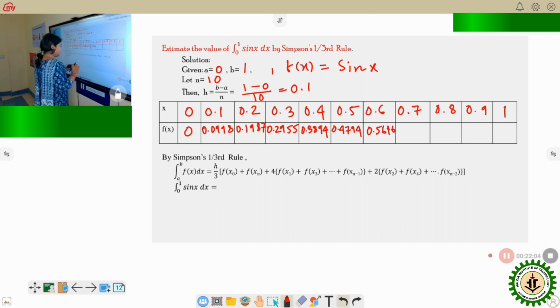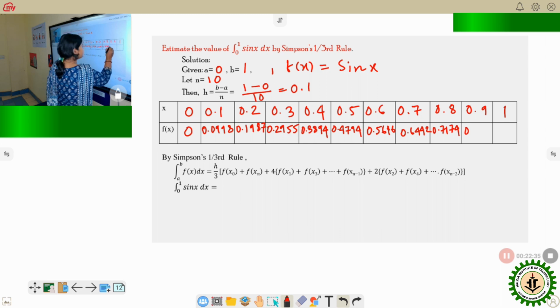Next, for 0.7, it is 0.6442. Next, for 0.8, it is 0.7174. Next, for 0.9, it is 0.7833. Next, for 1, it is 0.8415.